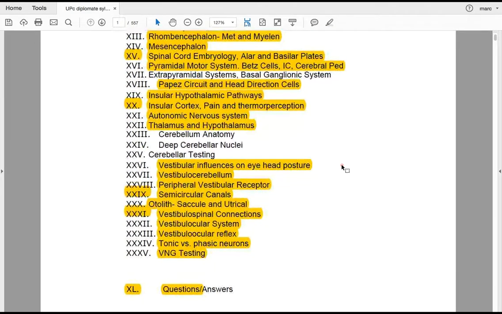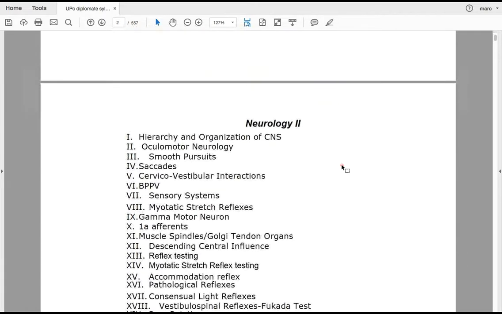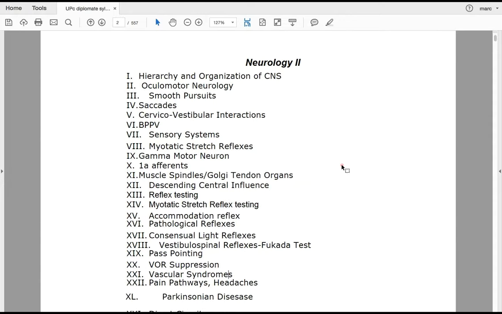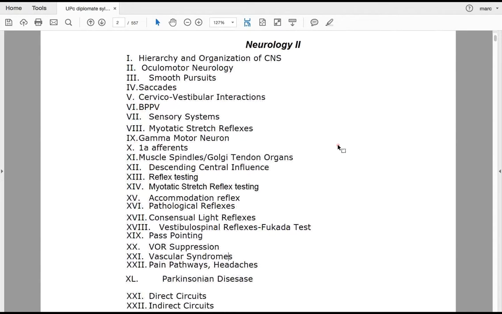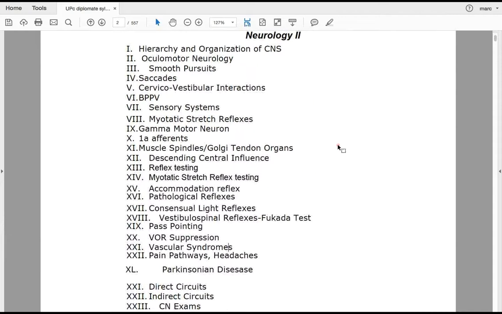Everything else I thought we hit pretty well last time. And then here we have our Neurology 2 section. These will be the things that I'll talk about today and tomorrow, and I'll do my best to hit everything, although it may not all be in the organization that we have here.